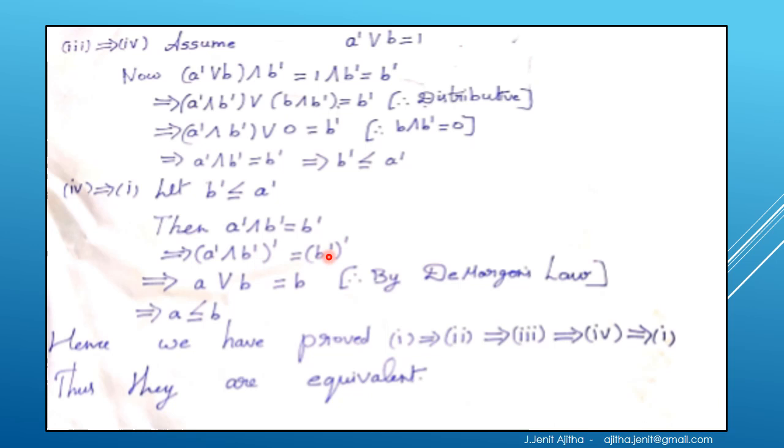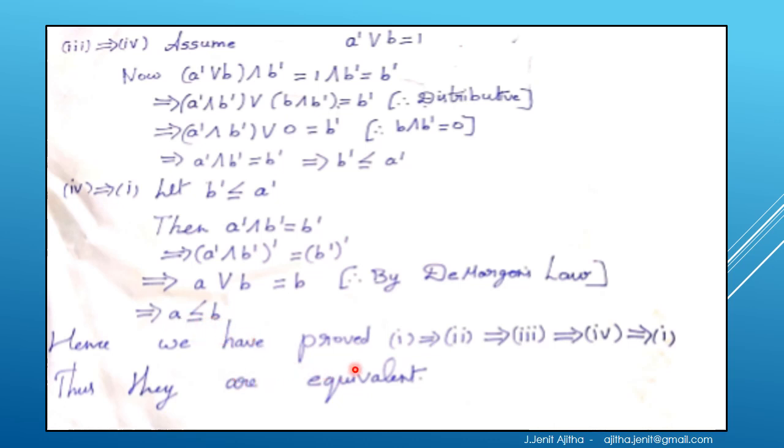Now if you take complement on both sides, A complement meet B complement the whole complement is equal to B complement the whole complement. Therefore, by De Morgan's law, A join B equal to B. So we'll get A is less than or equal to B, that is A is related to B.